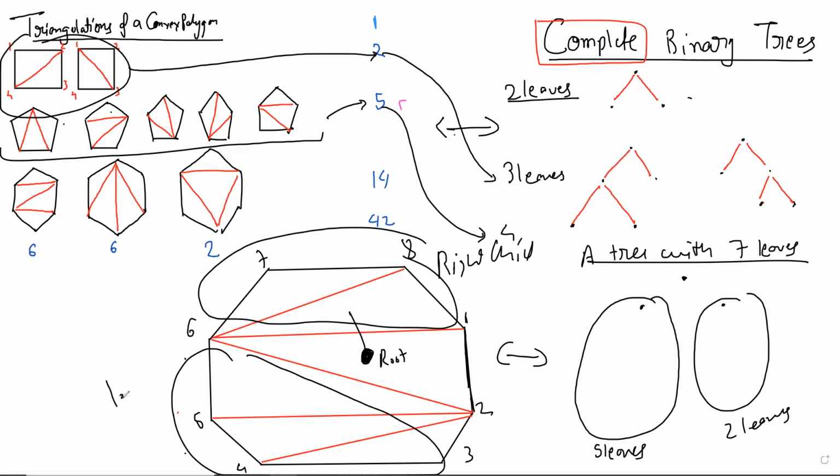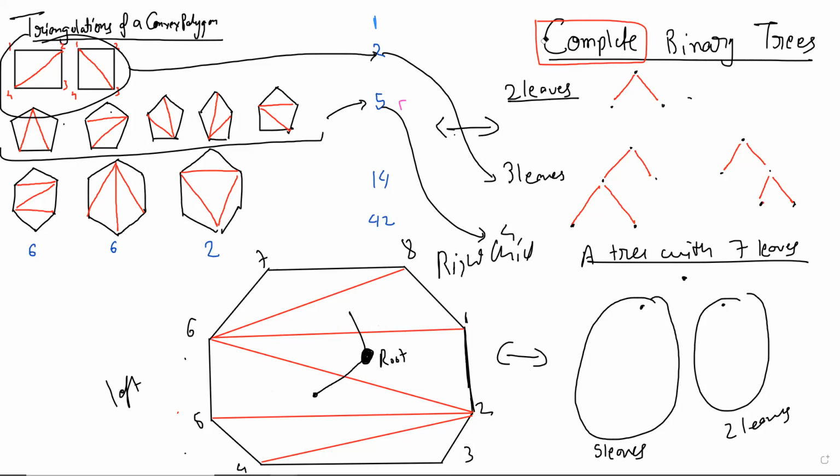So if you use that intuition, then it's not so hard to make a tree, because this naturally goes to this. There is no other triangle it will naturally go to, right? Now you can just continue the same thing.